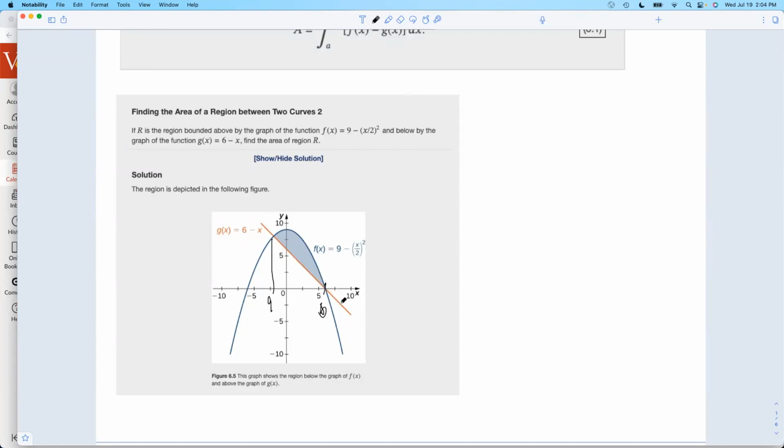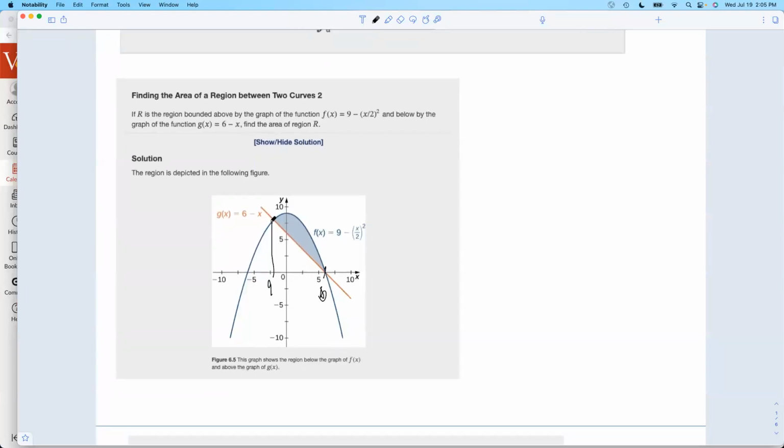So anytime somebody asks you a find-the-area-between-two-curves kind of problem, always draw it out, always algebraically figure out where those two graphs intersect, and then figure out the region you're trying to find. Figure out who's on top and who's on bottom. That's important. It's always top minus bottom.